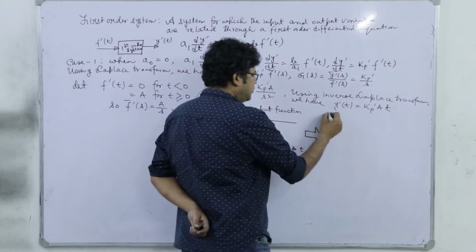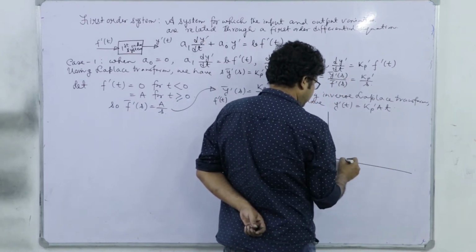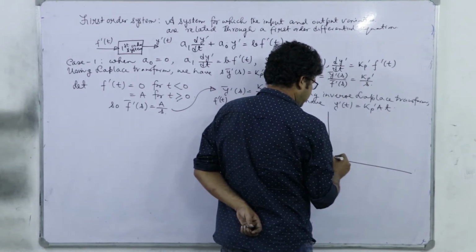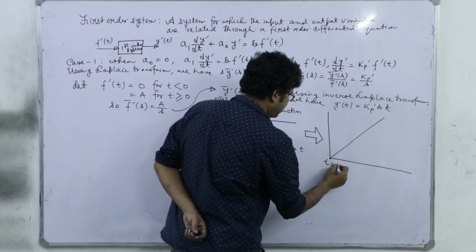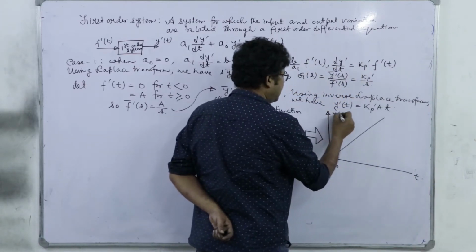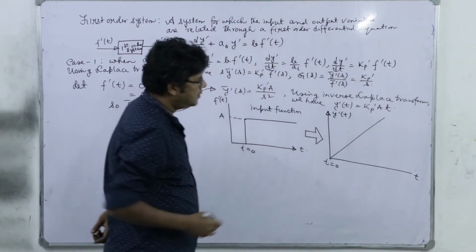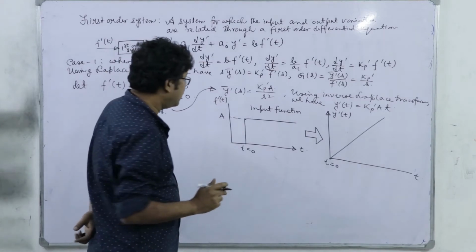Now the output is something like this: t equal to 0, t and y prime t. Now you see this sort of first order system is called pure integrator. Why?